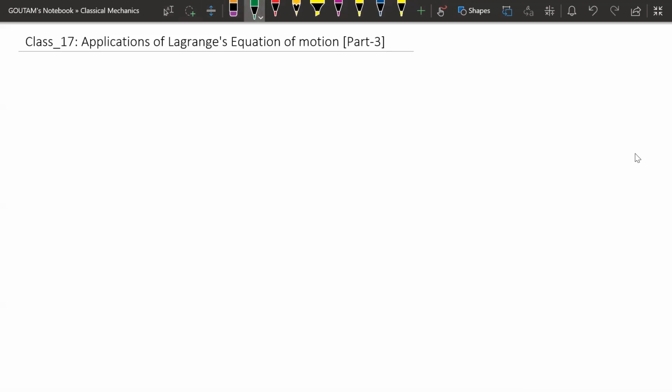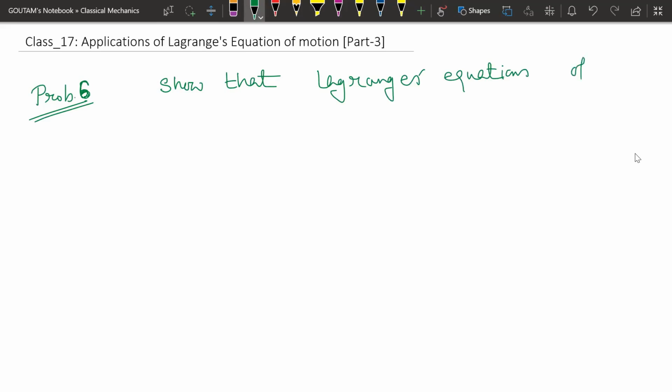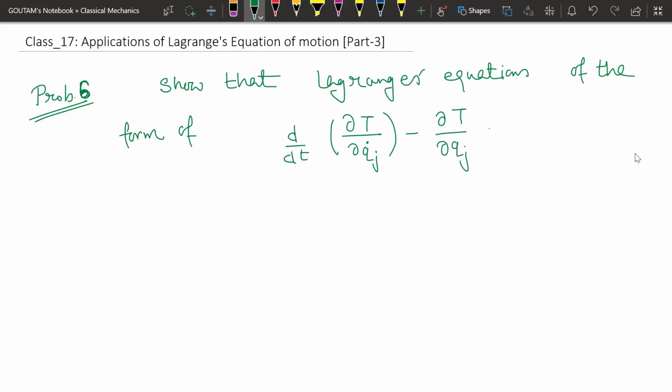Problem 6. The problem statement is, show that Lagrange's equations of the form d/dt of ∂T/∂q̇j minus ∂T/∂qj equals Qj, where Qj is the generalized force.